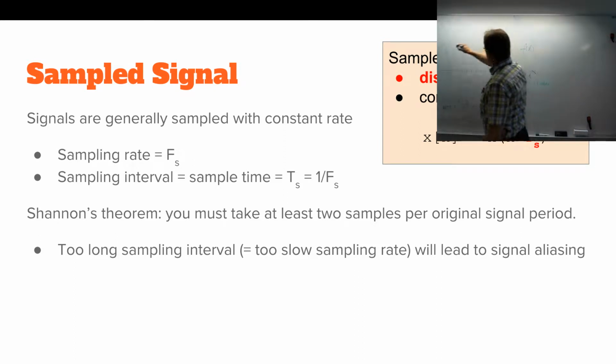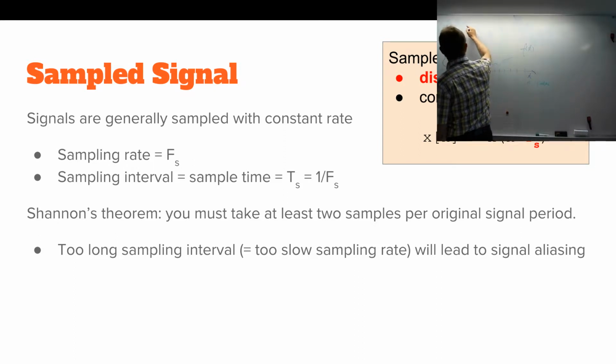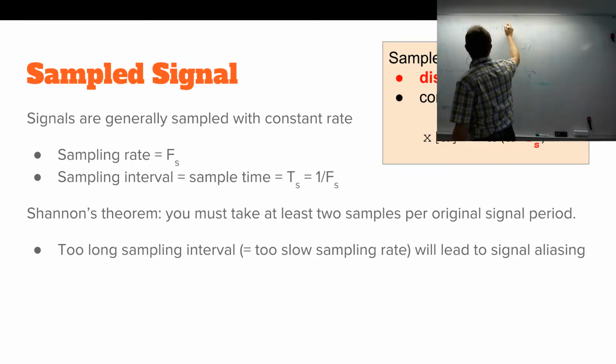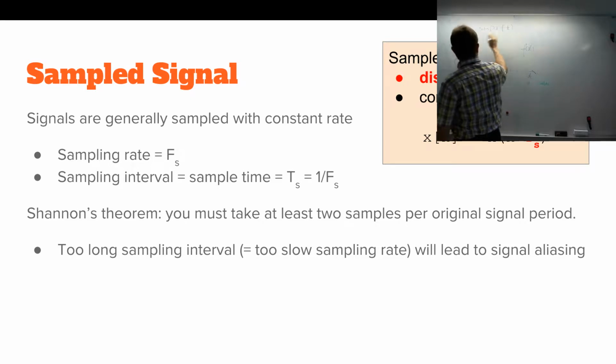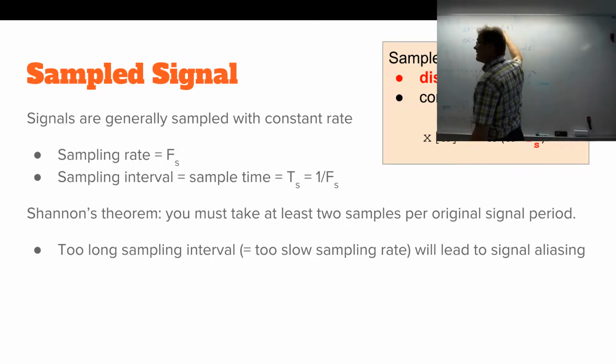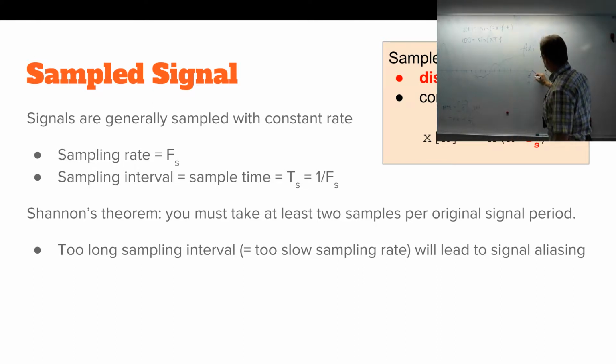Simple example: if this f of t was a sinusoid, so x of t equals sine 2 pi f t, then the same thing sampled, x of n, is simply sine of 2 pi f times, for sampling, n times Ts.